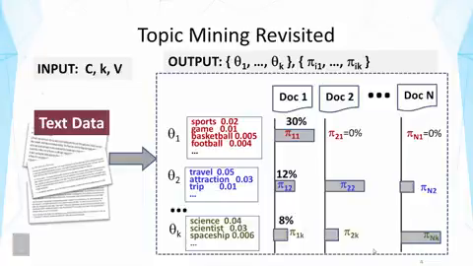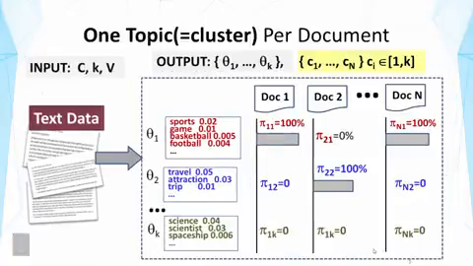In text clustering, however, we only allow a document to cover one topic if we assume one topic is a cluster. So that means if we change the problem definition just slightly by assuming that each document can only be generated by using precisely one topic, then we'll have a definition of the clustering problem as shown here.